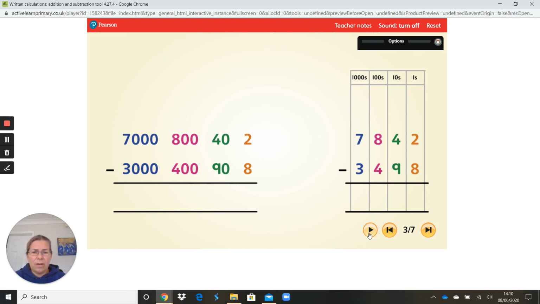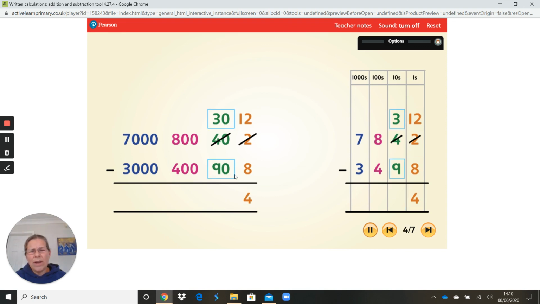First, we start in the units column. Can I take 8 away from 2? No. I must go to the 40, have 10, leave that as 30, and move the 10 over here, where you merge them together, and 10 and 2 becomes 12. 12 take away 8 is 4.